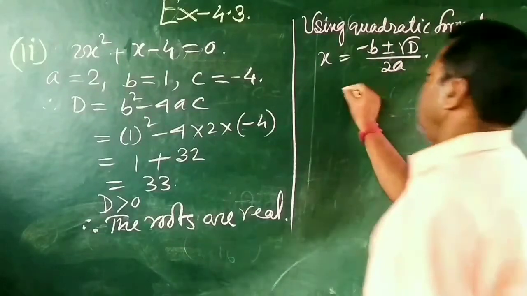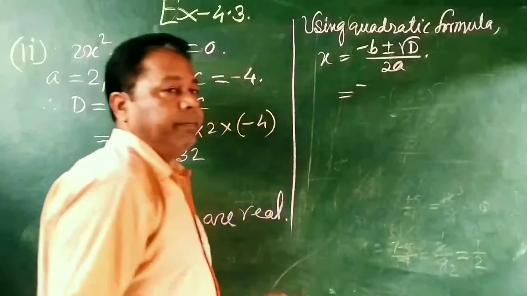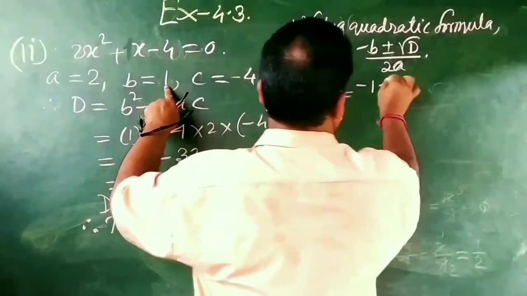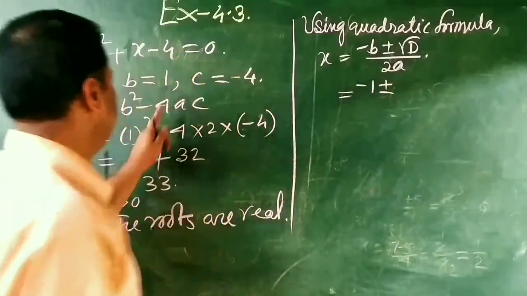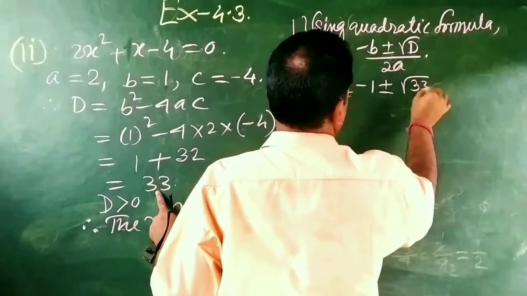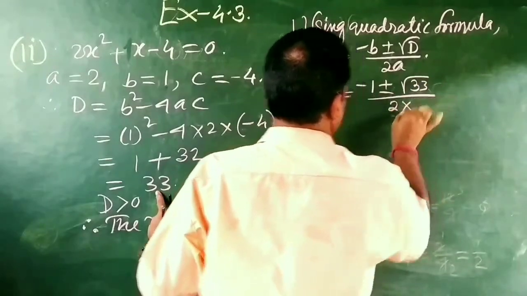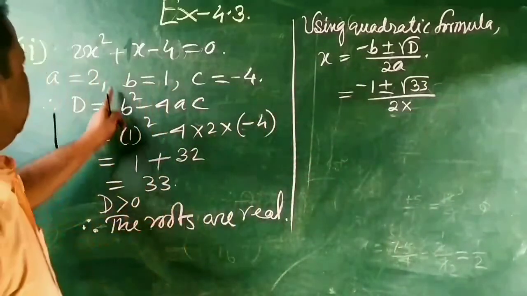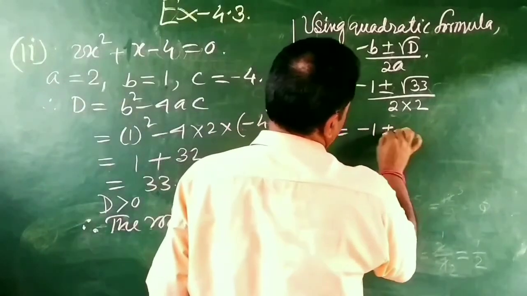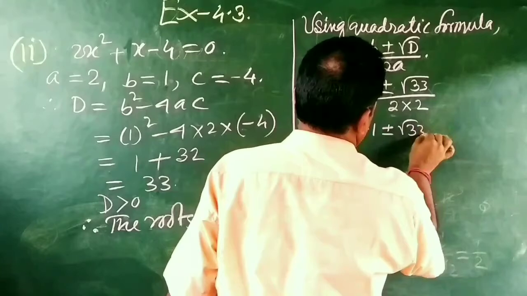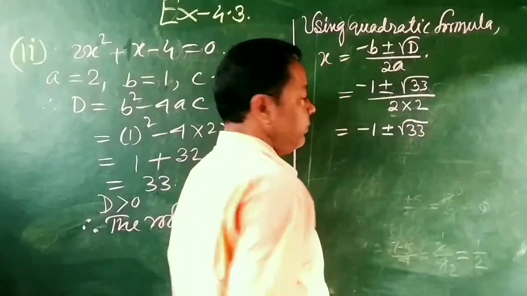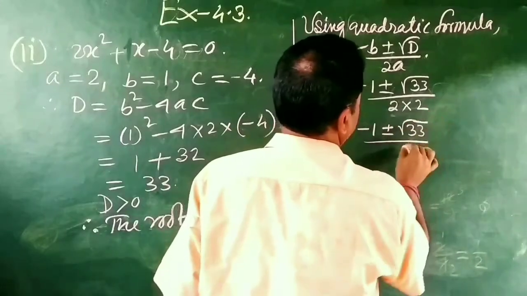Equal to minus b, the value for b, which is 1, plus or minus root D. The value of D is 33, square root of 33, divided by 2 into a. The value of a is 2. This is minus 1 plus or minus root 33. 33 is not a perfect square number, so we cannot take it out. Divided by 2 twos are 4.